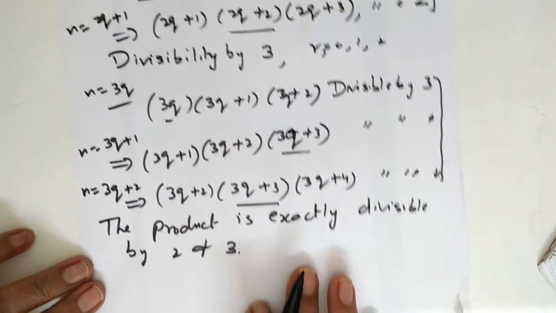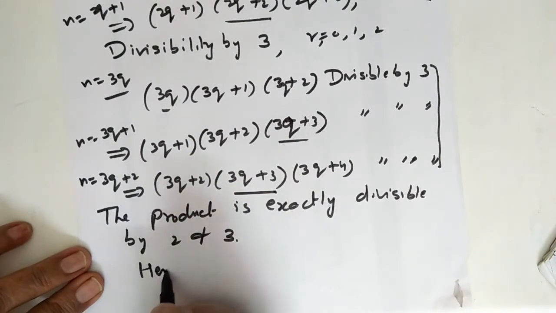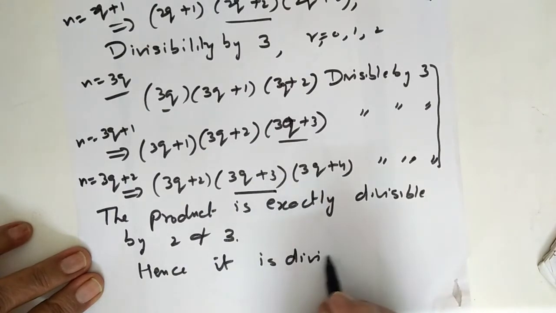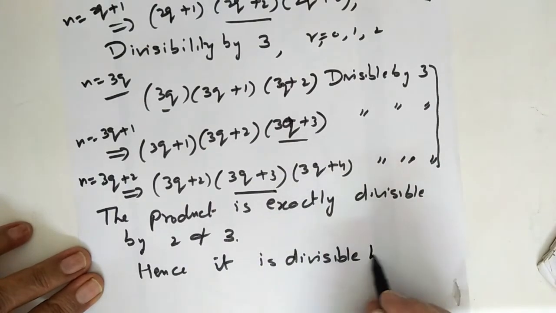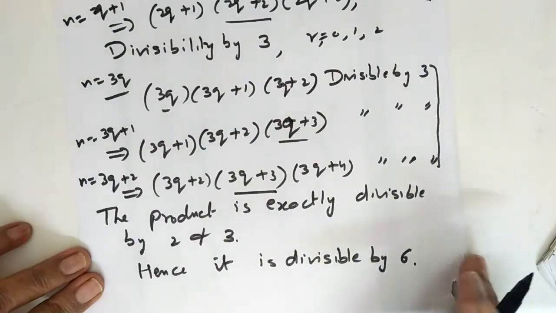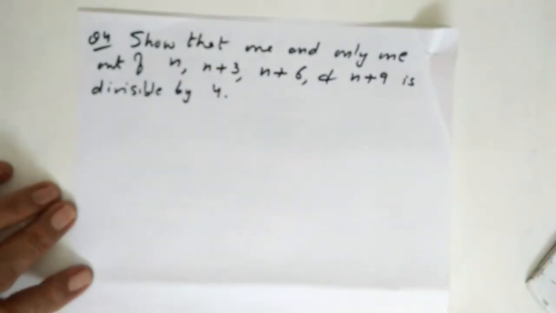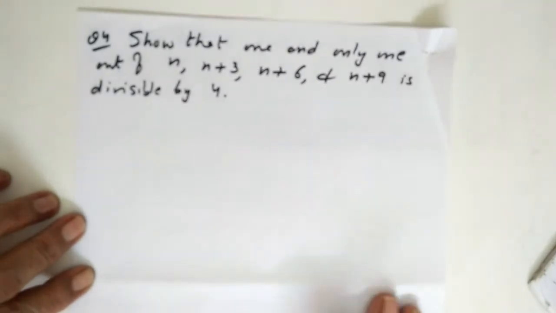Hence it is divisible by 6. हाँ जी बेटा, question number 4 is show that one and only one out of n plus 3, n plus 6 and n plus 9 is divisible by 4.